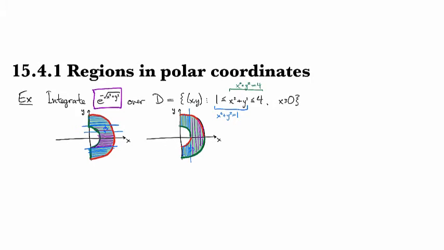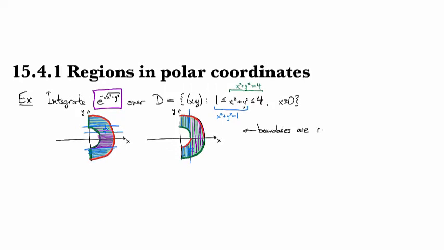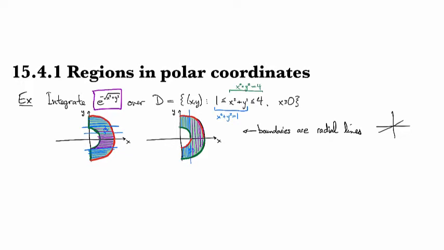The thing to do is notice that these boundaries are radial lines, in other words, lines passing through the origin like this.